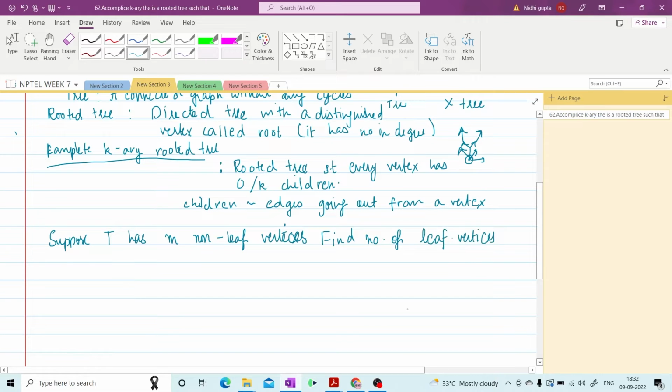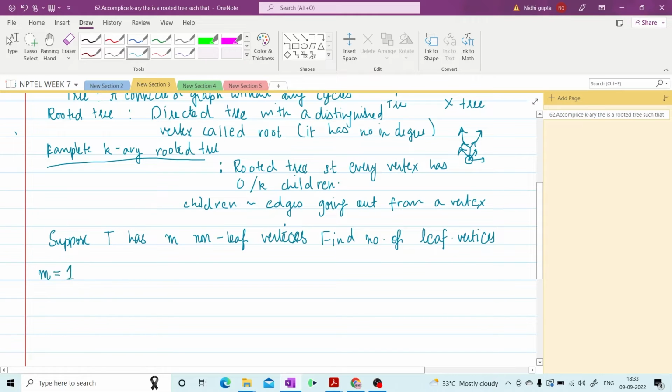We can call it either leaf vertices or leaves. So first let's do it for some smaller m, and then we'll see if we can generalize it.